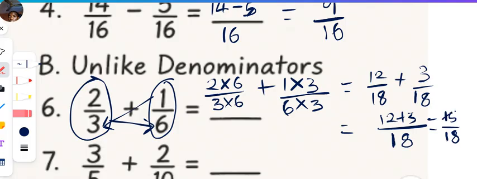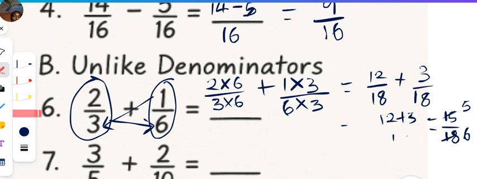So 15 divided by 3 is 5. 18 divided by 3 is 6. So our final answer now is 5 over 6. Can you see that now? 5 over 6 is our final answer.